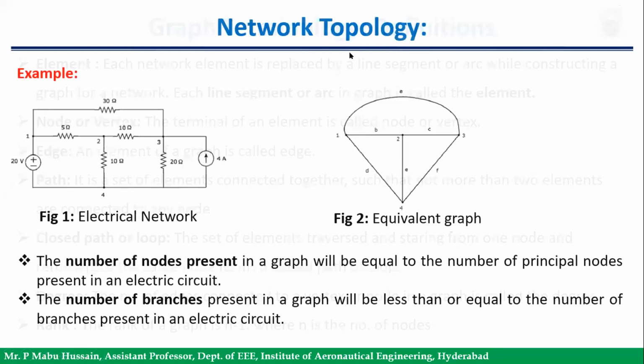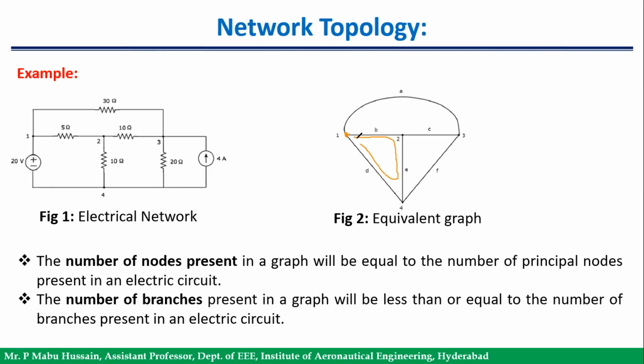If you see this graph here, take this node and start from it, traversing through different nodes. If you come to the same node again, this is called one loop, or you can even call it a closed path.